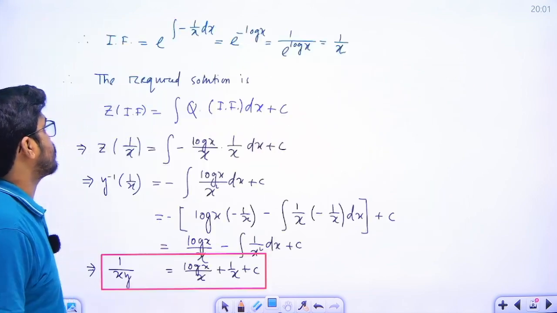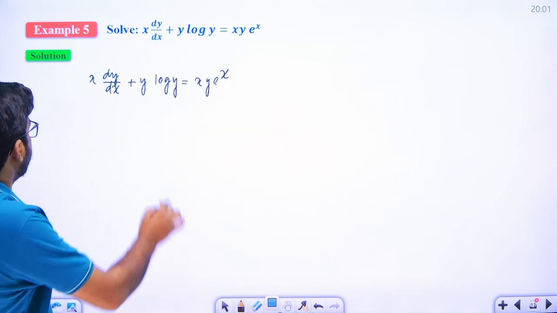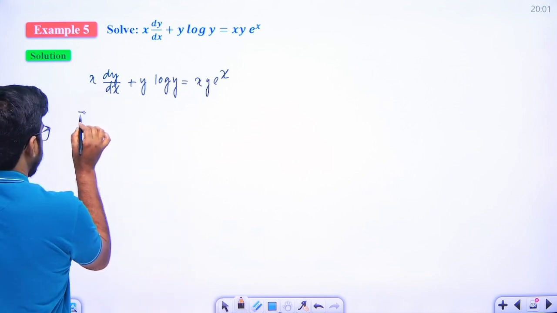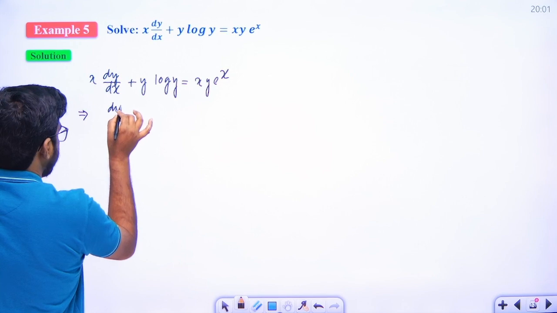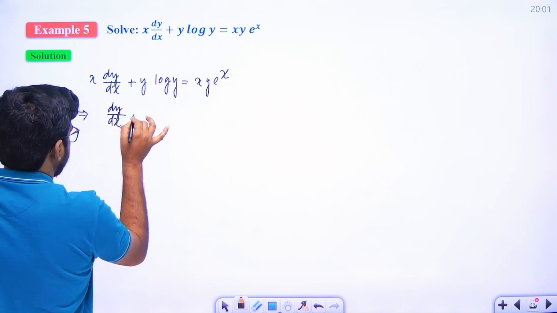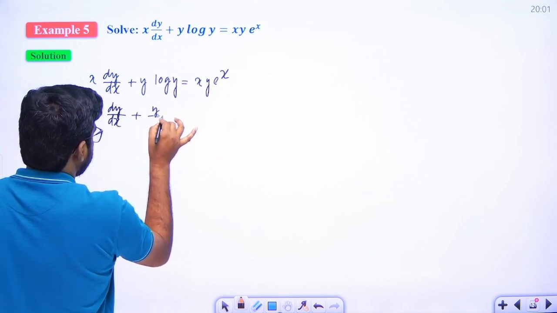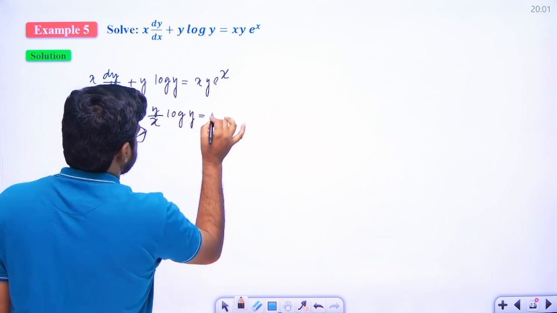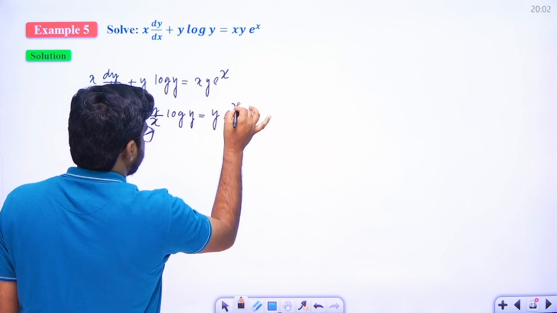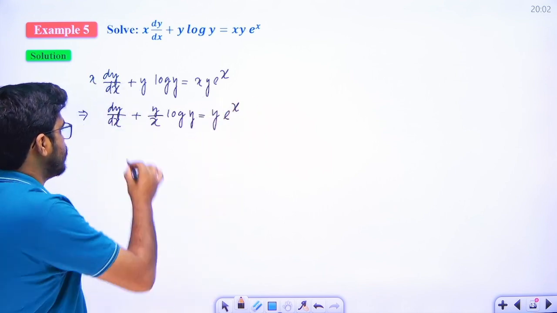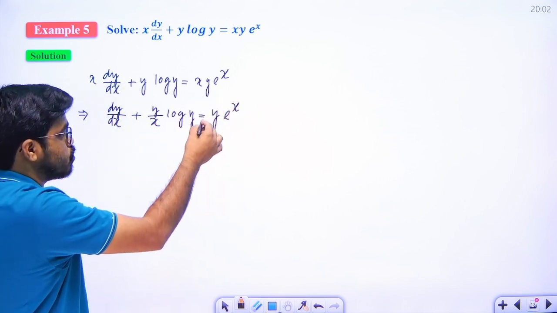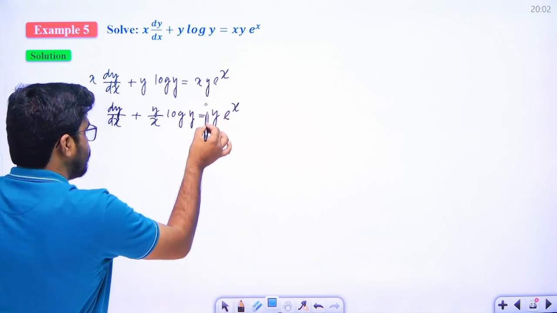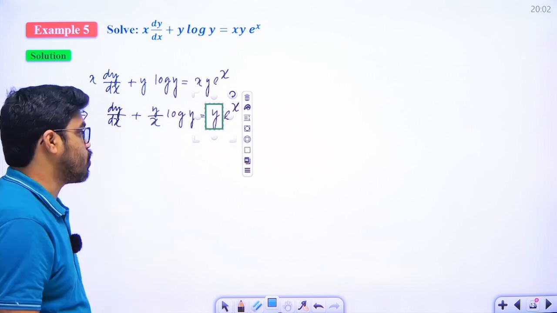So first divide both sides by x. So dividing both sides by x, what we get? dy/dx plus (y/x) log y equals y e to the power x. Compared with dy/dx plus Py equals Q y to the power n, now what am I saying? Divide by the function of y, that means this is y, so divide by y.